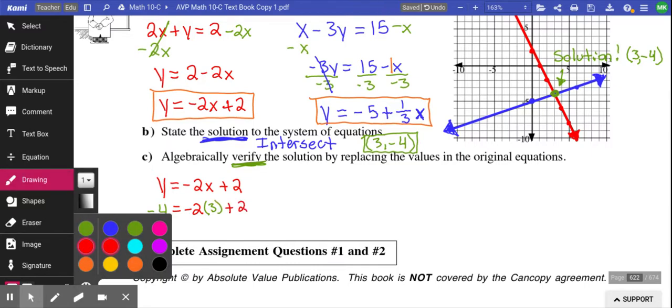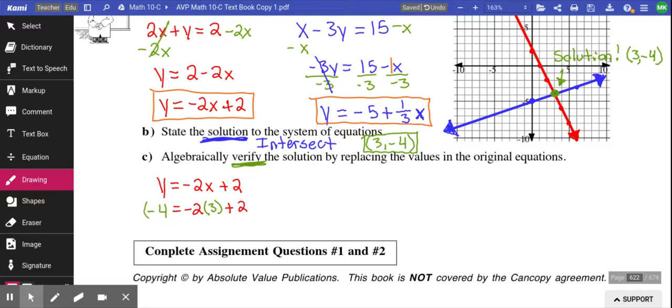Like that. And to verify means to calculate both sides of the equal sign. On the left side, a -4 is just -4. So I'm going to put that -4. On the right side, -2 times 3 is -6, plus 2 is -4.